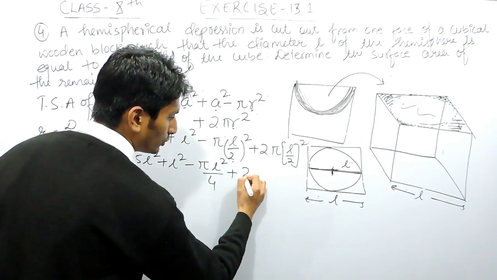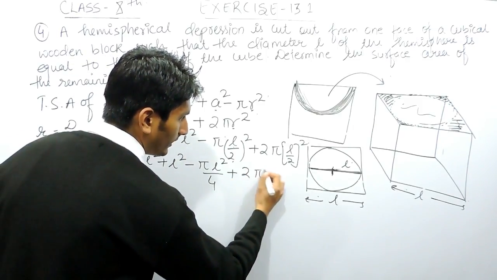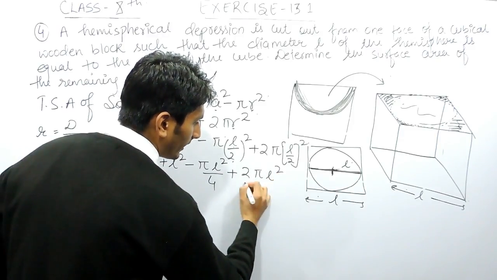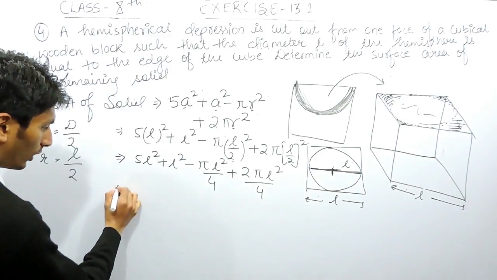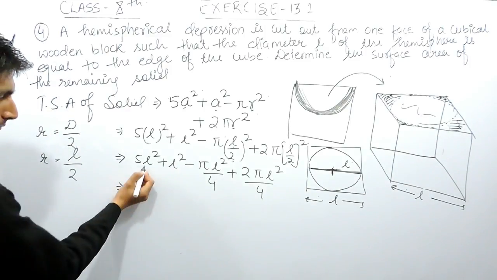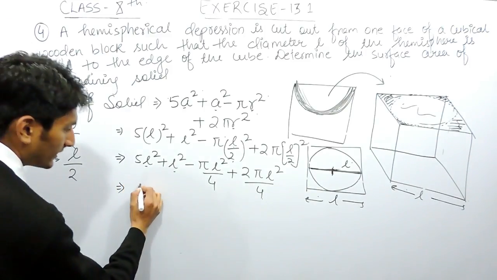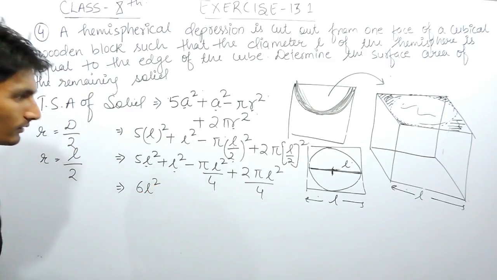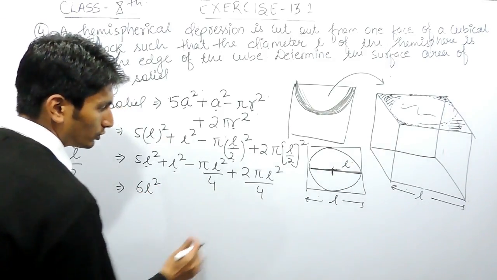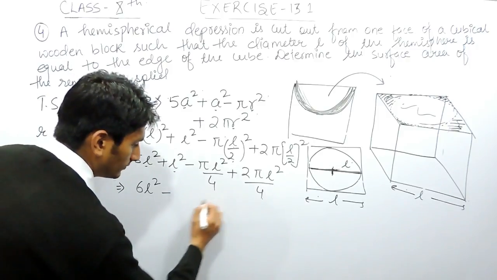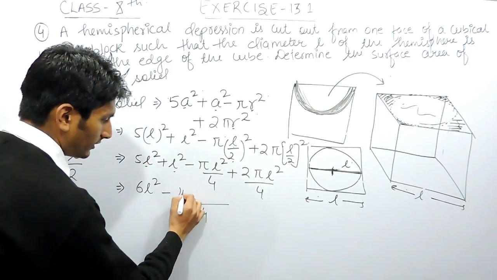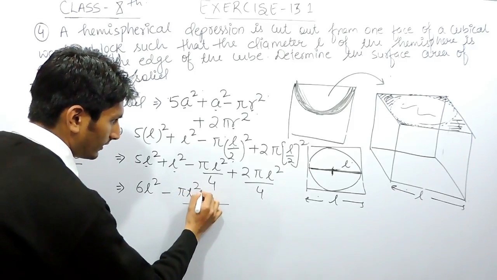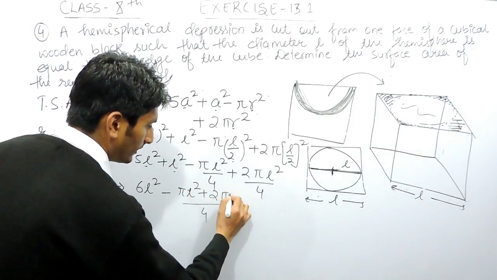So we get 5L square plus L square, minus pi L square upon 4, plus 2 pi L square upon 4. These are like terms, so 5 plus 1 is 6L square. Now I can solve the other two together, taking the LCM as 4.